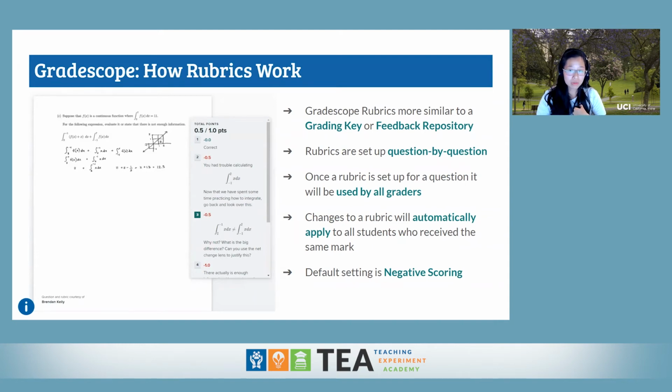Now, the default setting for rubrics in Gradescope is negative scoring. What this means is that rubric items are subtracting points from the total points available. So for example, looking at this example here, let's say you have a math assignment and you're evaluating this equation. When you set up a negative scoring rubric, if a student is missing a notation, for example a negative sign, you can say, okay, that's minus 0.5 points.